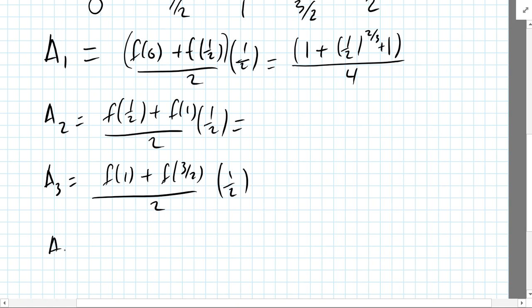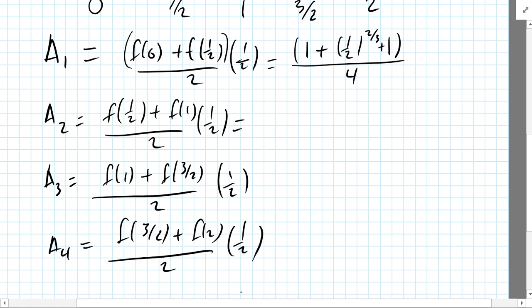Over 2 times 1/2. And then for my final one, do I use this again? And is it going to be f of 3/2 plus f of 2 all over 2 times 1/2? Was that easy? And then just plug it in. For this one, it's going to be the 1/2 to the 2/3 power plus 1 plus, put 1 to that power, is it just going to be 2 over 4?